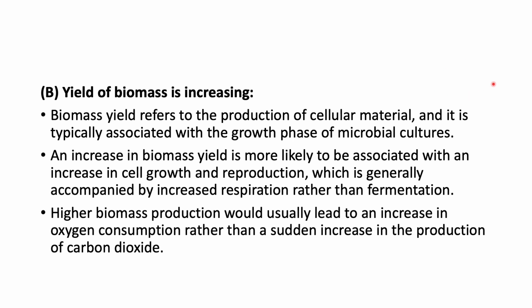Higher biomass production would usually lead to increased oxygen consumption rather than a sudden increase in carbon dioxide production. So it would still be balanced, and the respiratory quotient would still be a bit less. This is not the correct option either.